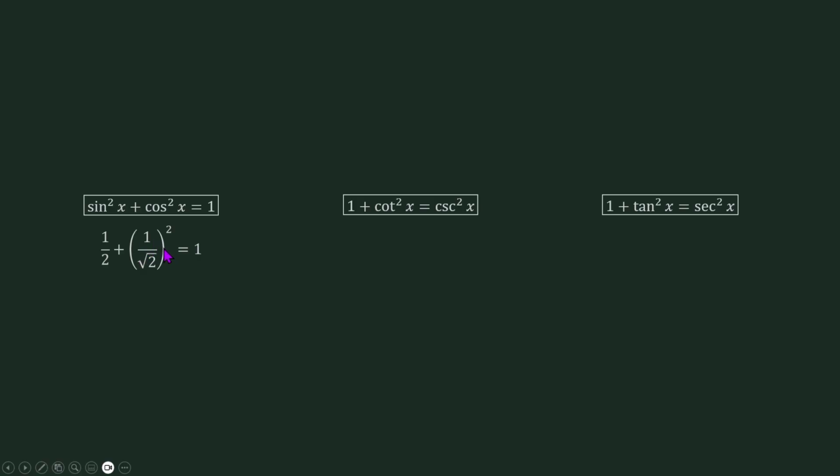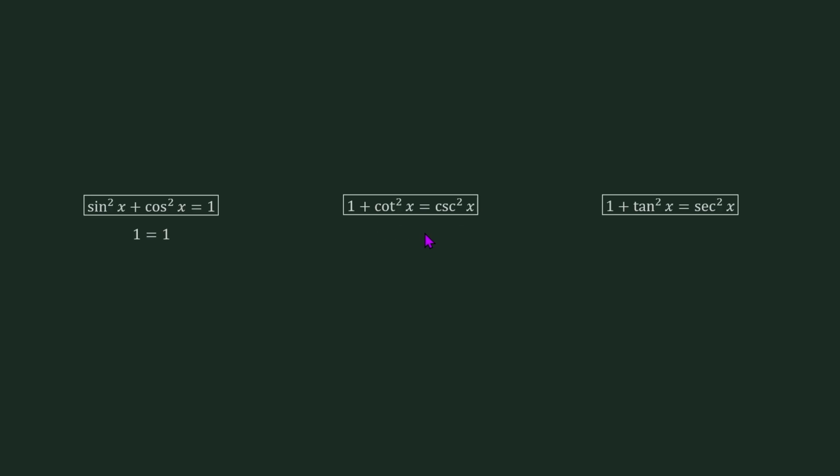And then also the same for the other term. 1 square is 1. Square root of 2 square is 2. So we have here on the left side 1/2 plus 1/2 is equal to 2 halves, and 2 halves is equal to 1. So 1 is equal to 1. So it is true. So this identity is correct.